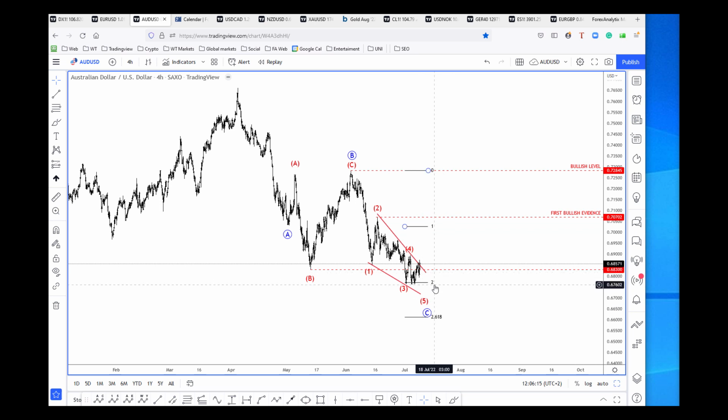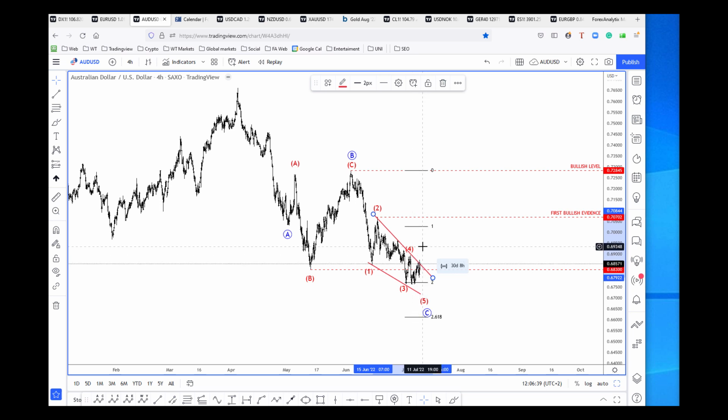Of course, for a confirmation of a bottom, what I want to see in Elliott wave terms is a strong 5-wave rise from the lows. Definitely want to see a sharp rise out of this wedge pattern, which is normally the case when the wedge resistance line is broken. So far, we are just trying to retest these levels here around 0.6860.